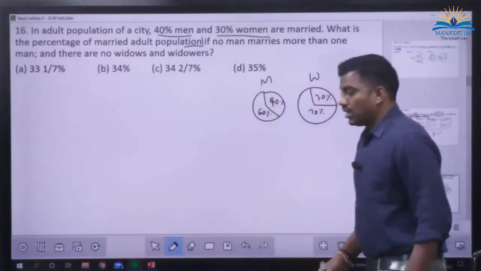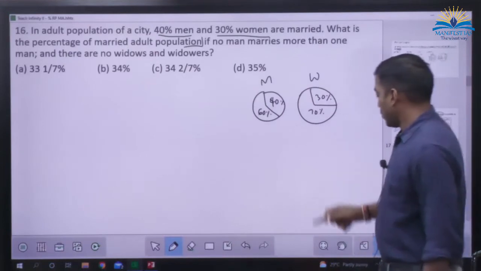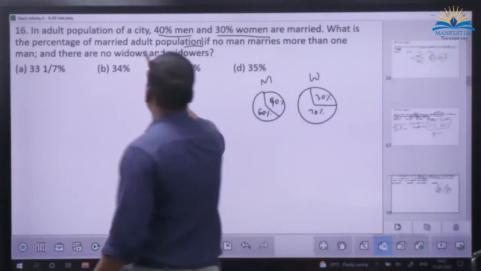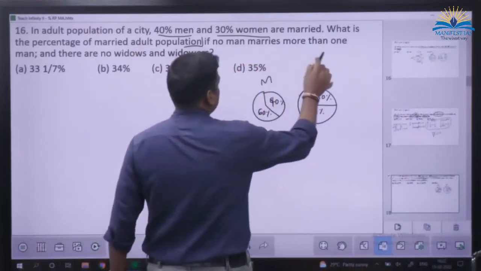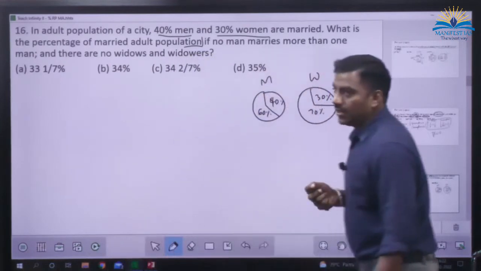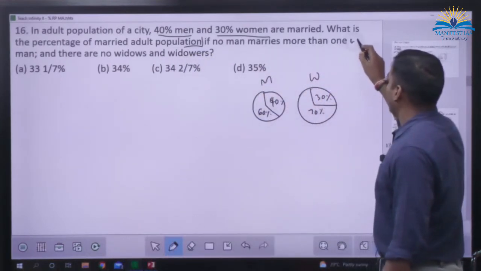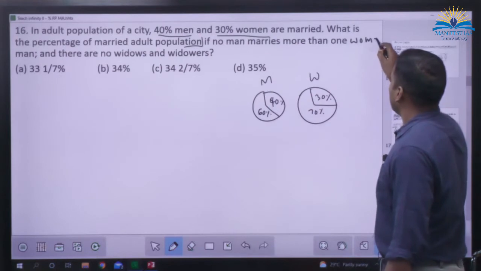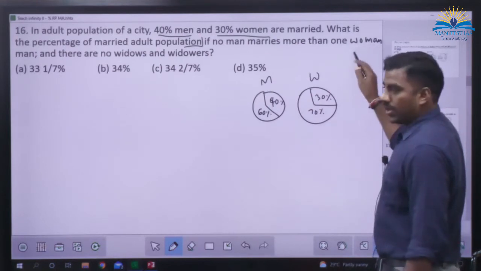You amend the question. Okay. If no man marries more than one woman, continue.